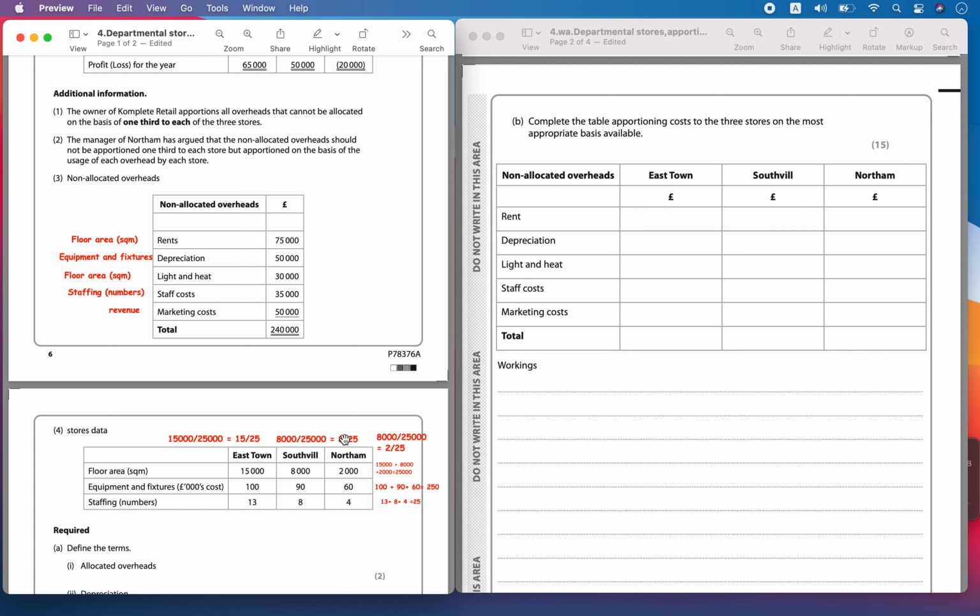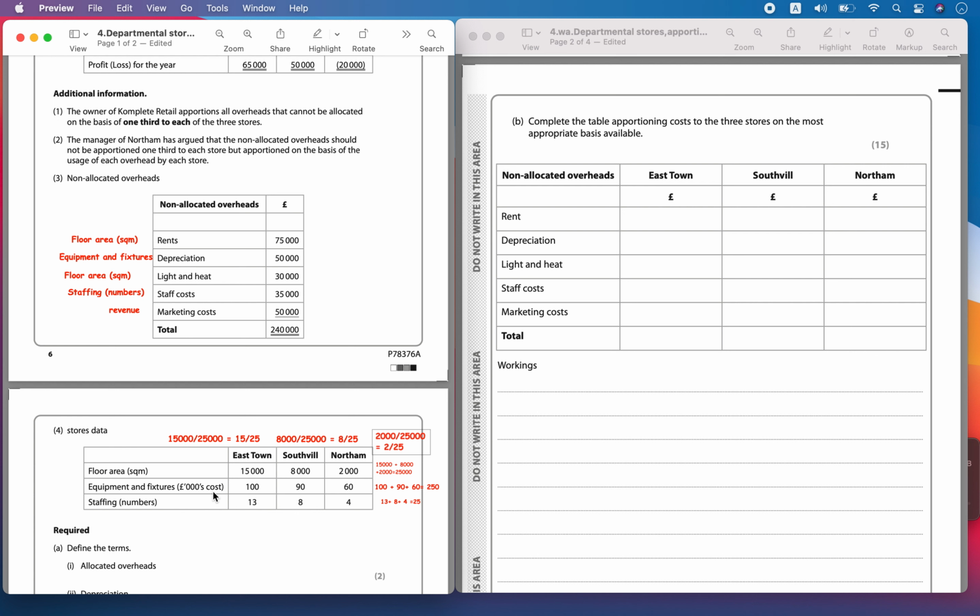Southville occupies 8 by 25 of the entire area. Then Northam occupies 2,000 divided by 25,000, that is 2 by 25 of the area.